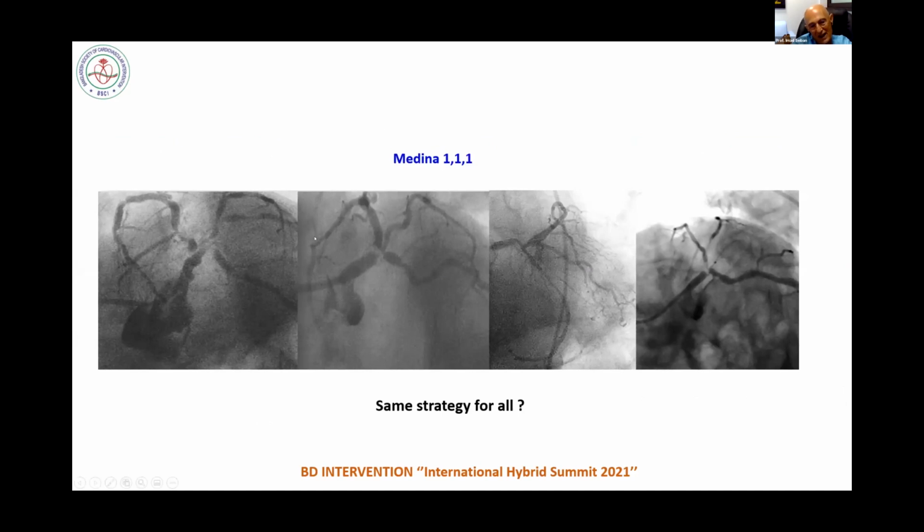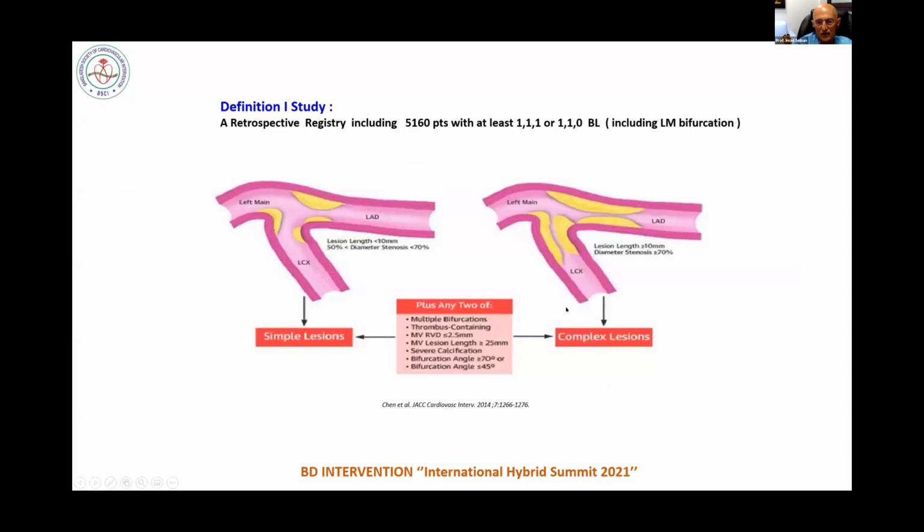If we look again, I think we have seen these scenarios many times, all defined by 1-1-1 Medina, but you all will agree with me that it is not the same strategy for all these anatomical scenarios.